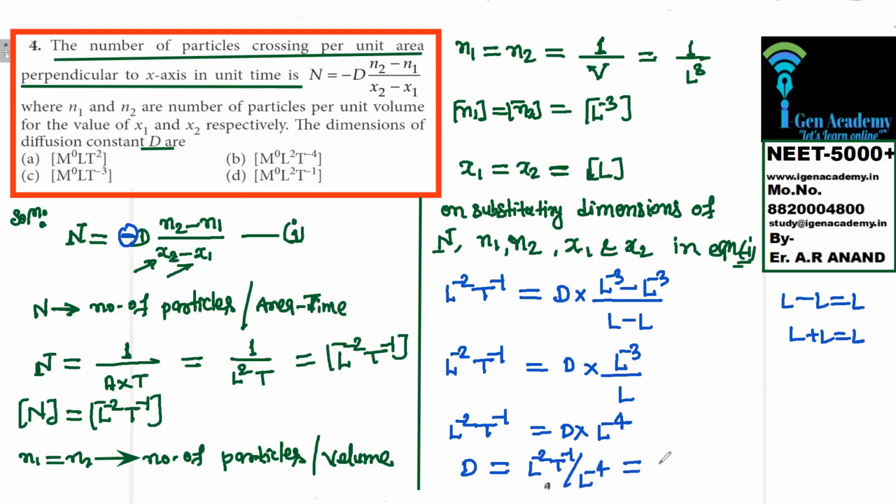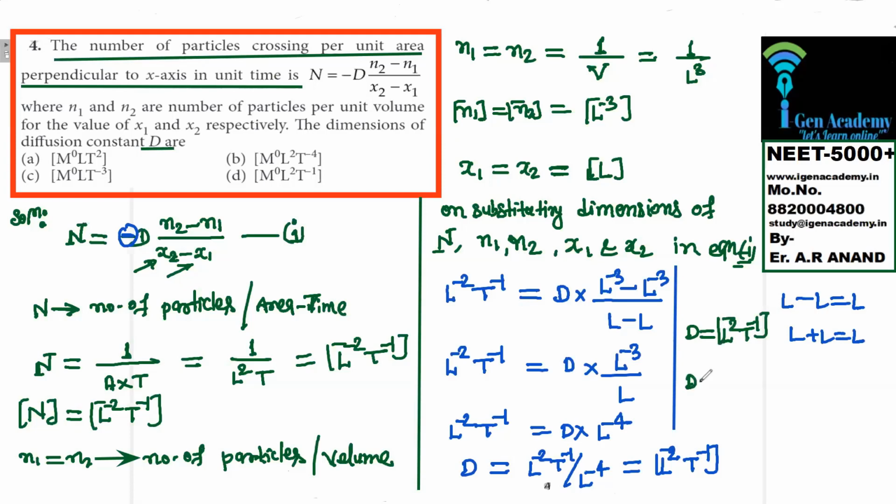And you will be getting L raised to the power 2, T raised to the power minus 1. So we are getting the dimensions of D as L raised to the power 2 and T raised to the power minus 1.